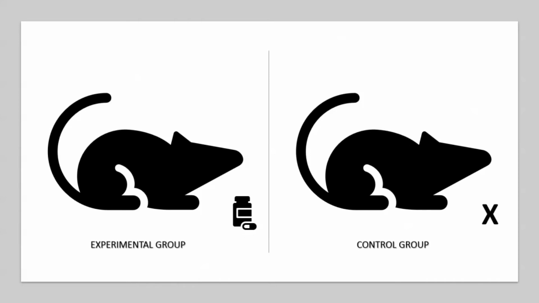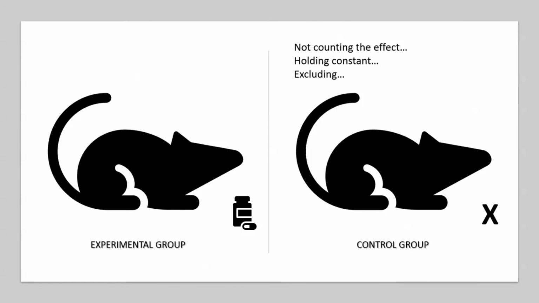The group we're testing our substance on, we're going to call the experimental group, and the other group is going to be called the control group, because that group is going to help us evaluate what the effects were of only the one factor that was different, that is the substance or the treatment.